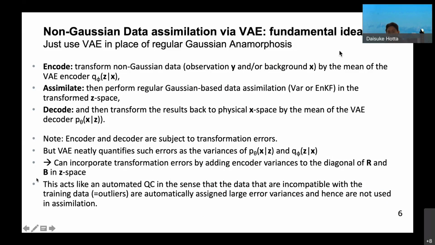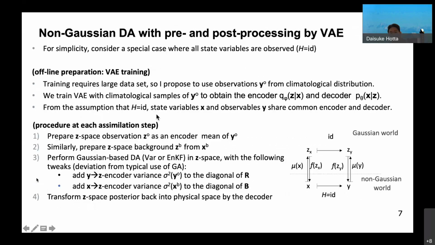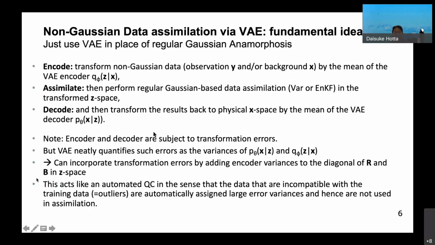Transform them by the mean of the VAE encoder distribution, and then perform regular Gaussian-based data assimilation in the transformed space, and finally transform the resultant analysis back to physical space by the mean of the decoder distribution.